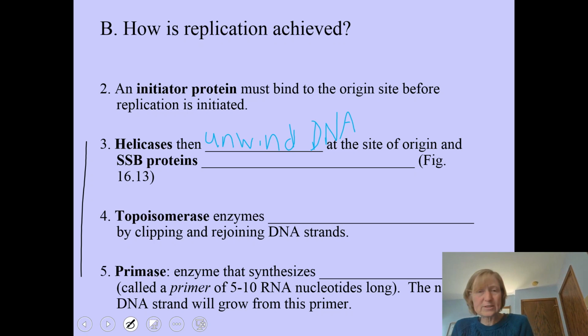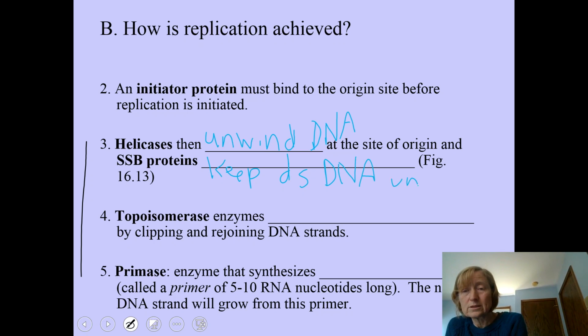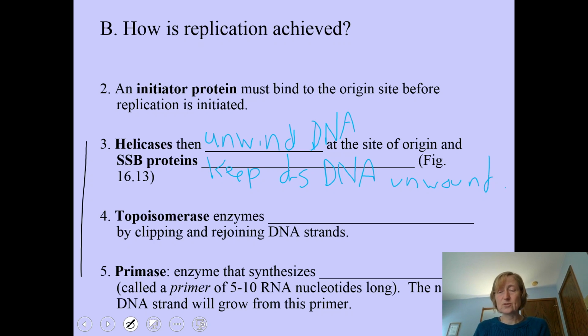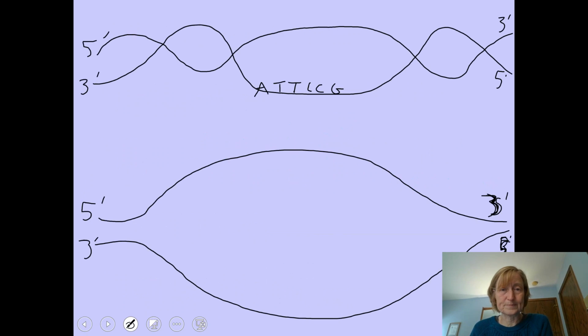The SSBs, or single-stranded binding proteins, bind to the DNA and keep the double-stranded DNA unwound. We need to have it unwound in order to replicate it, okay? That keeps the double-stranded, that's what DS stands for there, DNA unwound.